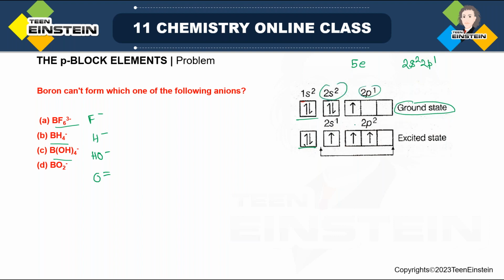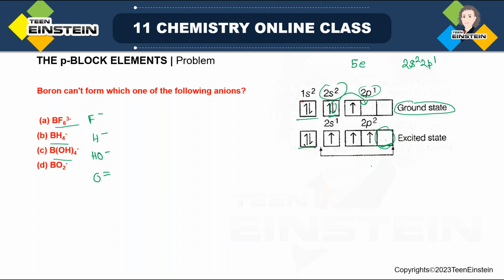Now when it is in excited state, this pair will be broken, and that electron will be transferred to a p orbital. So now it is in excited state. You can see total 3 electrons. So these 3 electrons can take part in bonding, and in this vacant orbital, if there is some anion which will provide an electron pair solely, that is the electrons will come only from the anion, then this vacant orbital can be used.